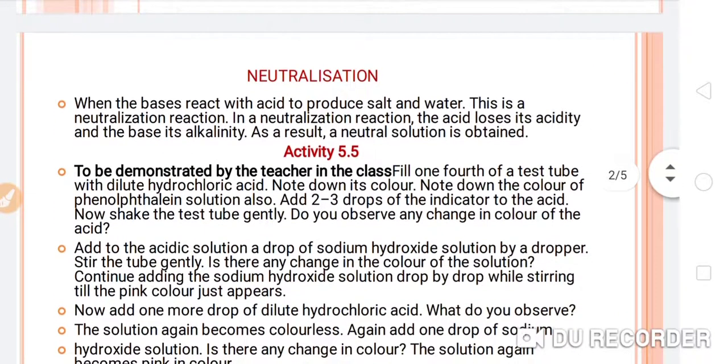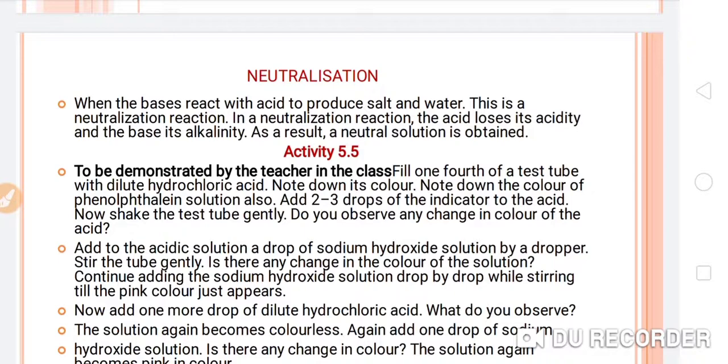The first topic which I am going to start is neutralization. When a base, that is an alkali, reacts with an acid to produce salt and water, it is a neutralization reaction.